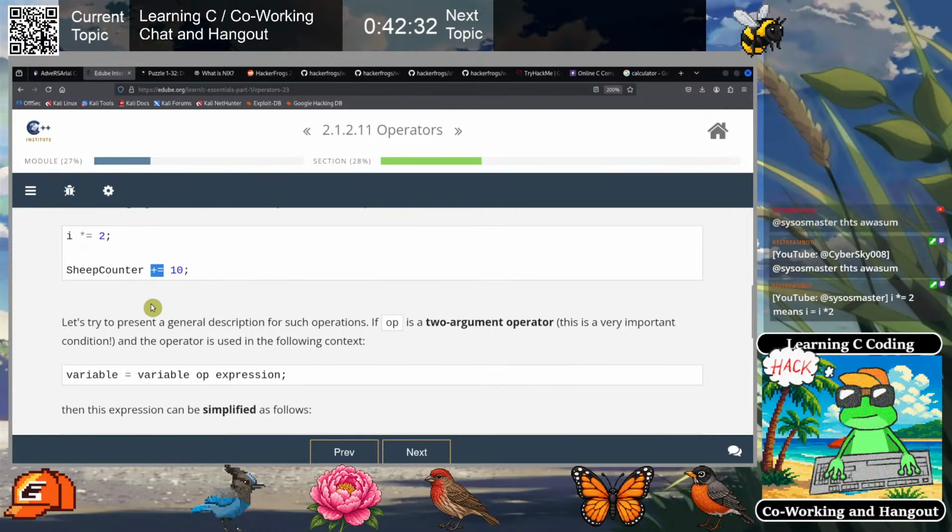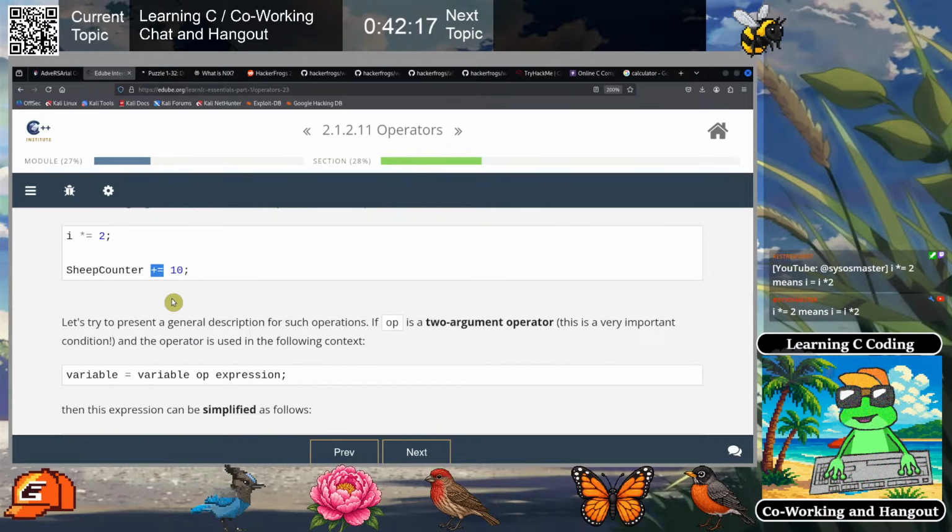So we take the value of i and then multiply it by 2. We take the sheep counter variable and then we add to it 10. So i times equals 2 means i equals i times 2.